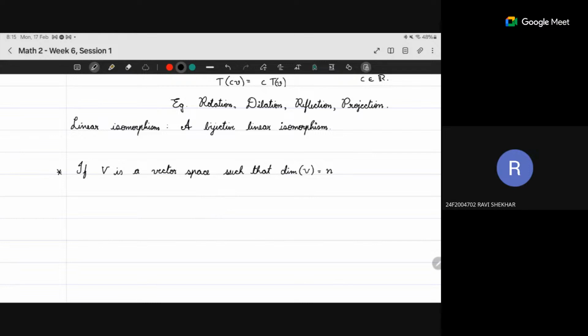So what is the terminology for that? Linearly independent and spanning? Basis. Yeah, a basis set. So you have a basis of size n. Yes. So if V is a vector space such that dimension V is equal to n, then V is isomorphic to Rn.